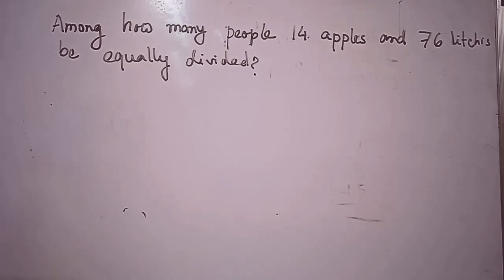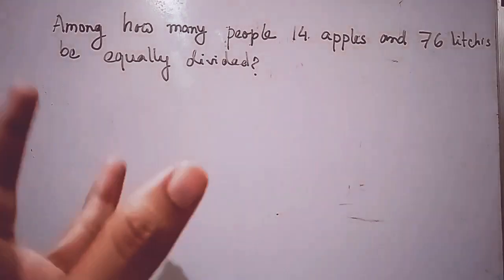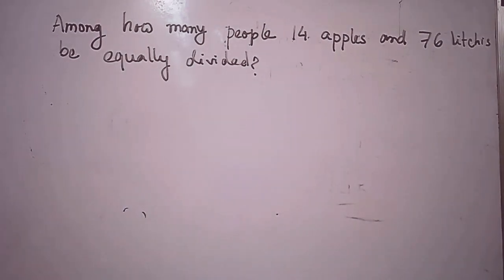Here we have to find the maximum number of people among whom we can divide the apples and lychees equally. So we have to find the HCF. Whenever you are asked to find the maximum number among whom we can divide things equally, we have to find the HCF.